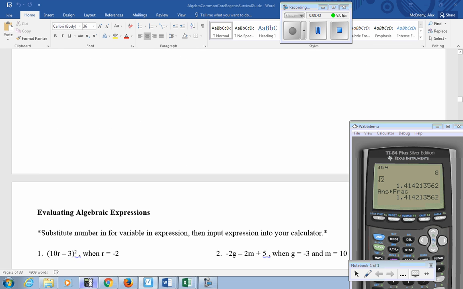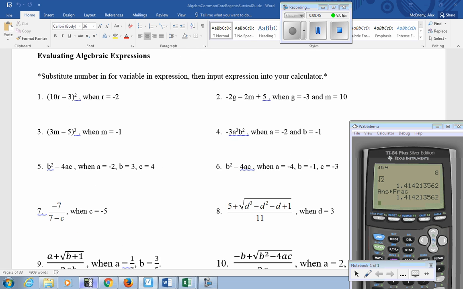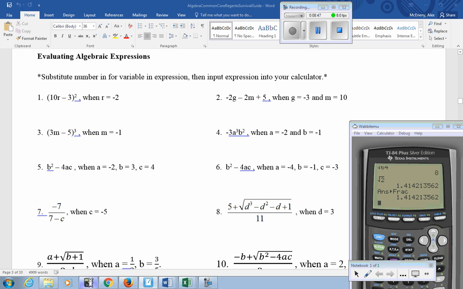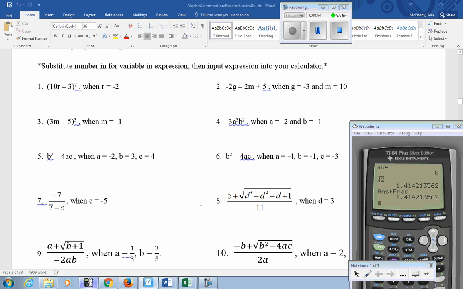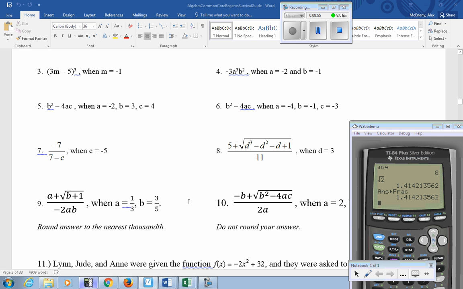So with the evaluating, same thing. When you're finding the solution, this kind of just brings in some different ideas, especially with things that have fractions. So you'll see on 7 through 10, there's fractions involved. In the case of a fraction, something like 7, you just want to make sure in the calculator that you get each side to one value.